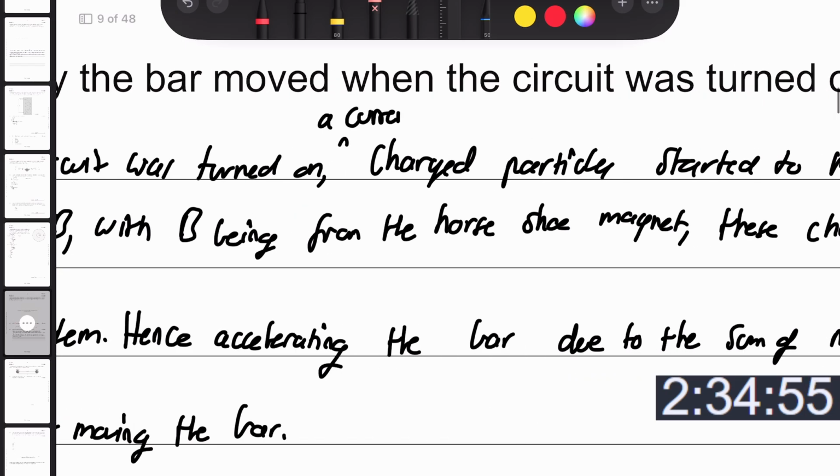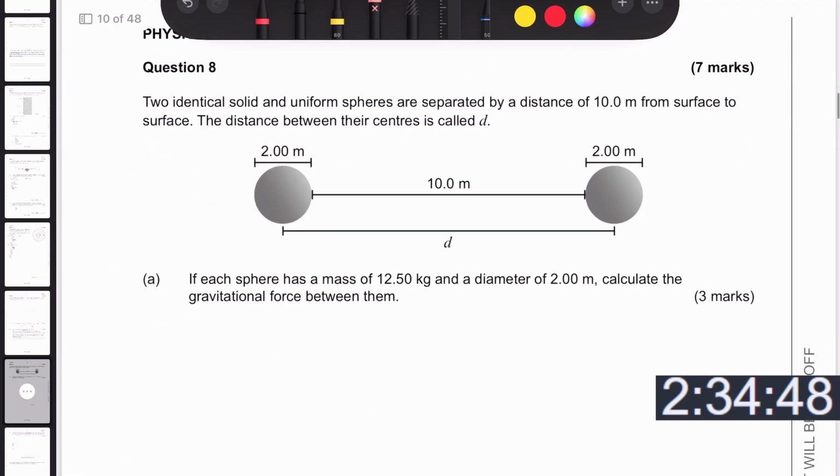A current flows through the bar, or a current which is comprised of that.